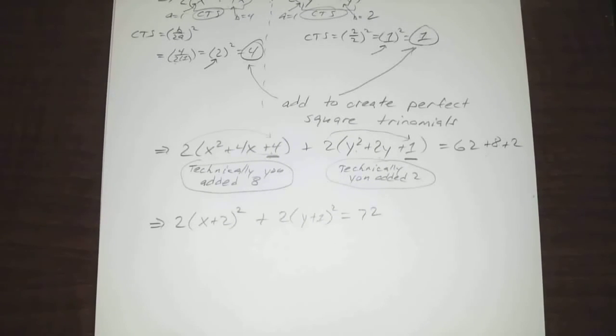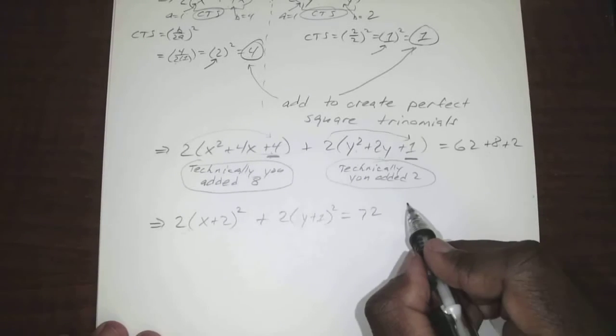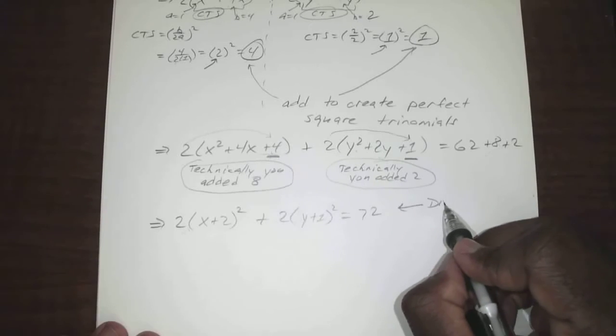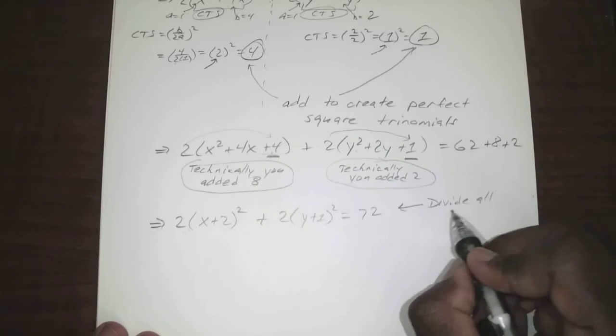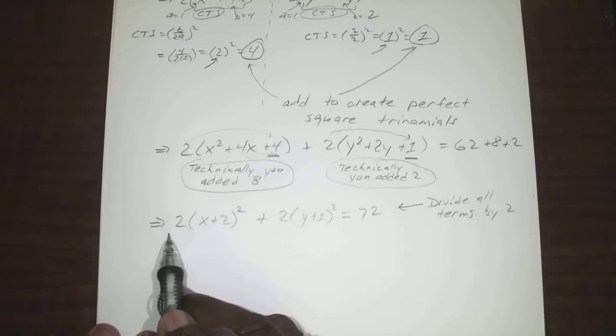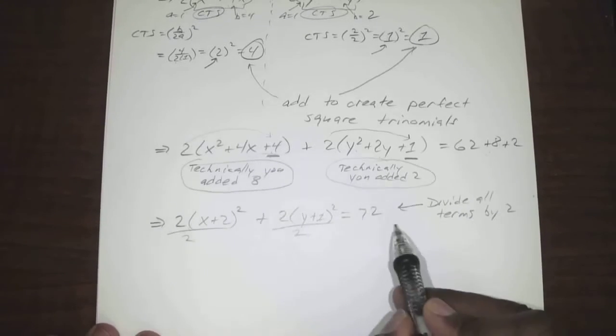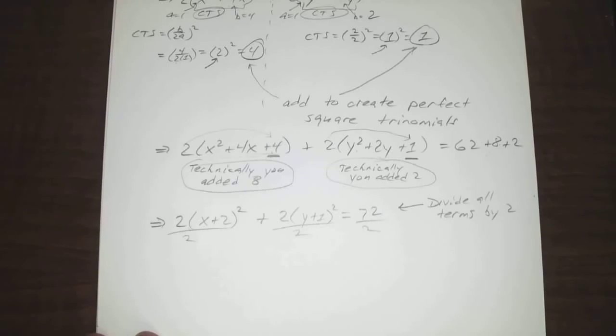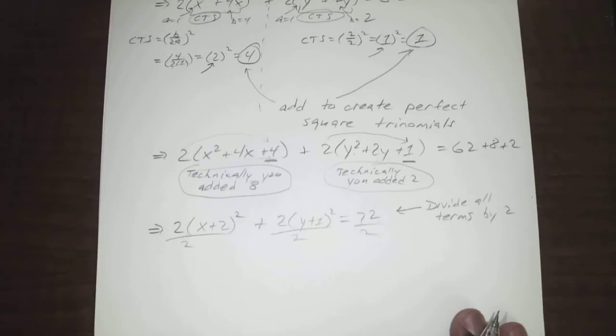Okay, so we can't have it in the standard form as long as we have those coefficients of 2. So we divide everything by 2. Okay, so we divide this by 2, this one by 2, and this one by 2. Okay, everything gets divided by 2.